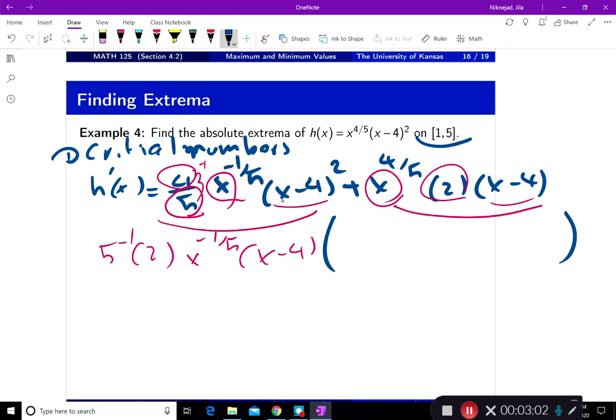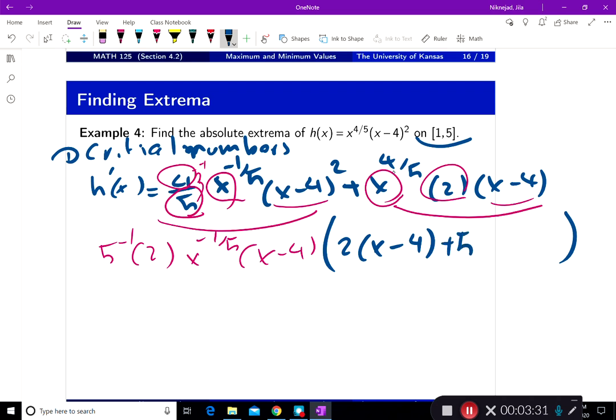Out of the first term, I factored everything but a 2 over here and an x minus 4 over there. And out of the second one, I factored the 2, I factored x minus 4, and I also factored 5 to the power -1. That means I have to divide by 5 to the power -1, which gives me a 5.